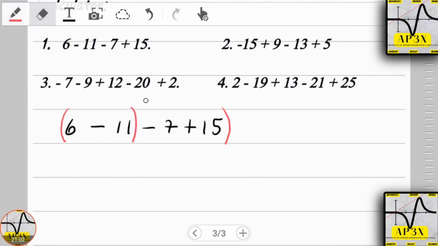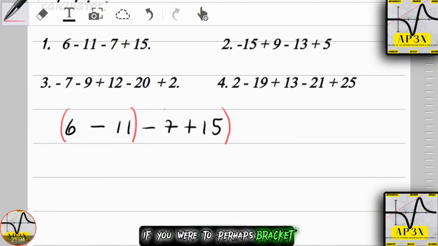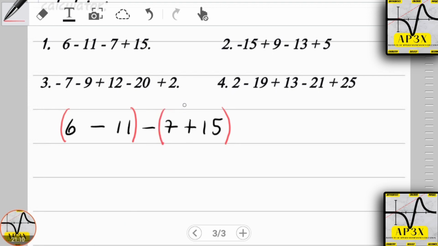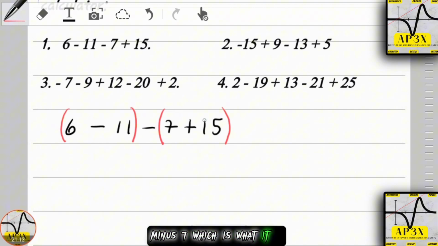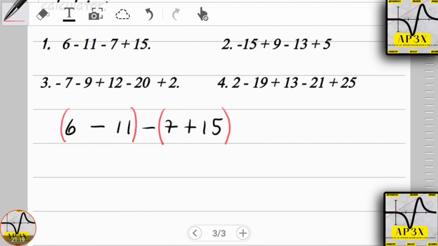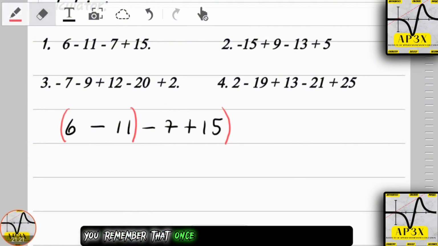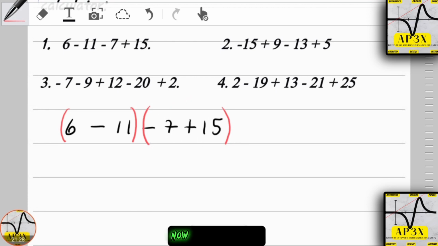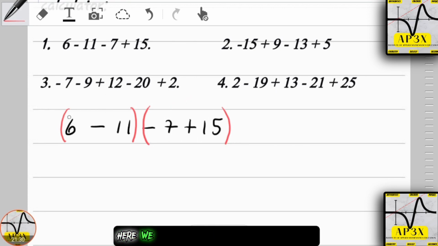In other words, if you were to bracket the negative away from the 7, then this number is no longer being perceived as -7, which is what it is. It's now being perceived as +7 because the bracket goes in between the sign and the number. So it's very important you remember that once you're associating your numbers, you associate the sign that is in front of the number.